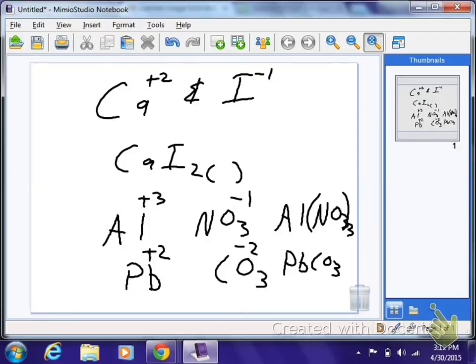Rock, did you work on that one? CaI2. Look at your list. I think it's in the third bullet. It talks about iodides and what they do. And then we have that unless. Okay, so read that.